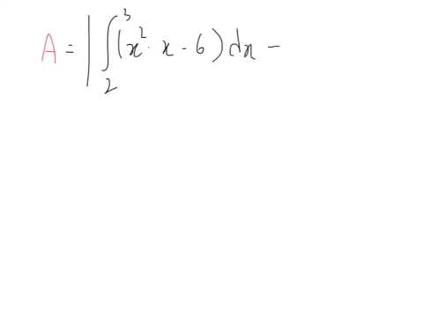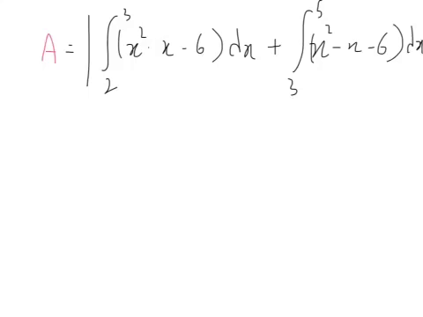Therefore, the area would be equal to, as I said, the absolute value, if we're integrating from 2 to 3, of x squared minus x minus 6 dx, plus the integration from 3 to 5. No need to put absolute value because it's above the x-axis. x squared minus x minus 6 dx.